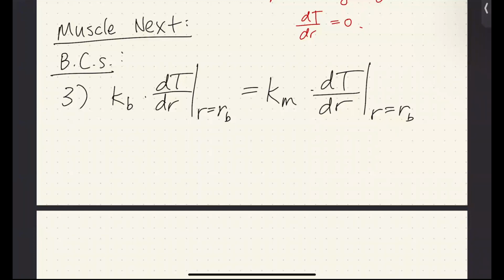This is really similar to what we did for our velocity boundary conditions when we were talking about fluid flow. We know this boundary condition, all right?